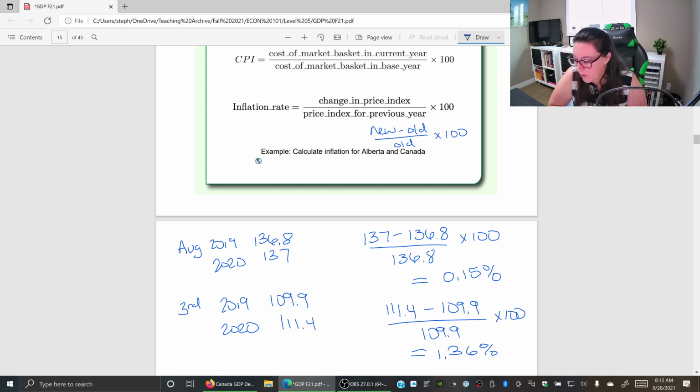Remember, the consumer price index is what the household buys, so that's just C. It does include imports because some of the things households buy come from other countries, and it is the same goods year after year. It's that bundle. Whereas the GDP deflator is all the parts of GDP, so C plus I plus G plus X minus IM. So we're taking out the foreign goods and just looking at the domestic ones.